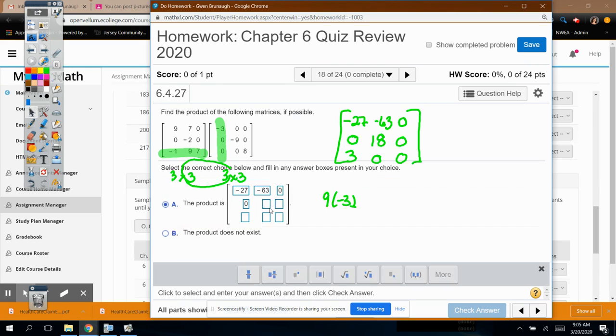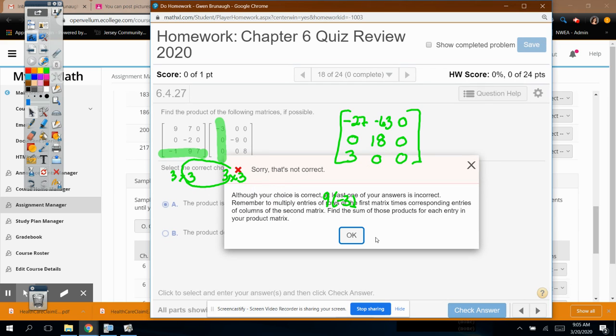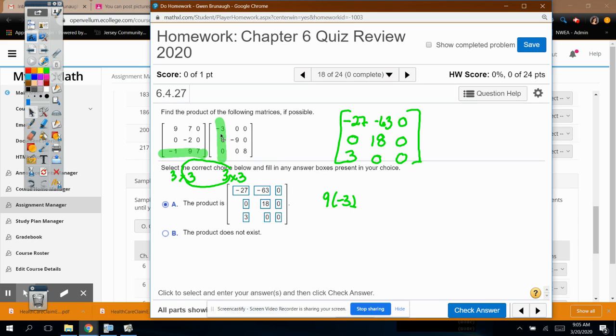I guess you can't hit tab. Oh, that's sad. Let's see which one I messed up.